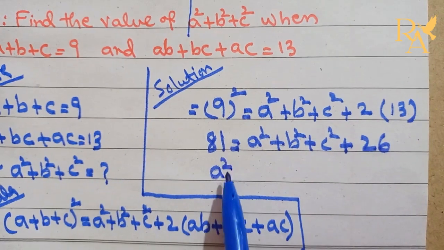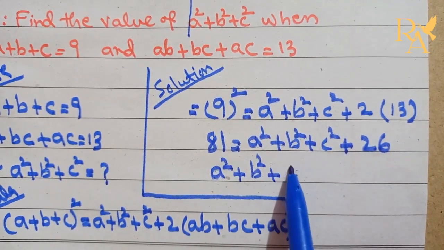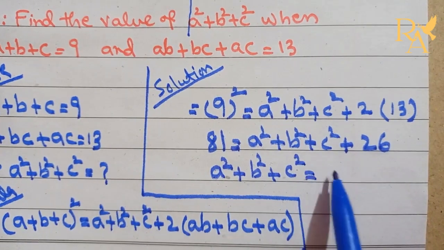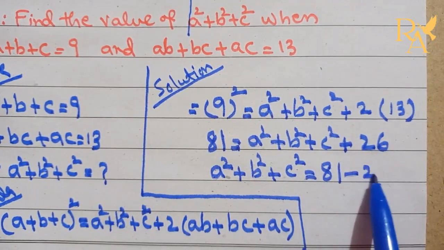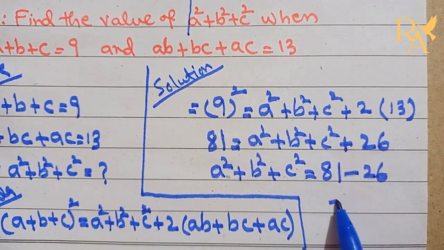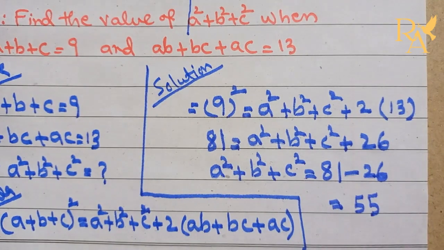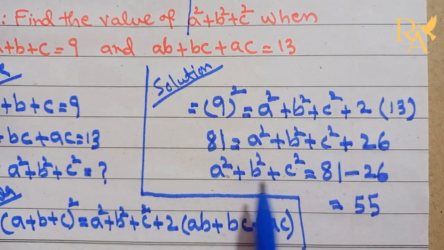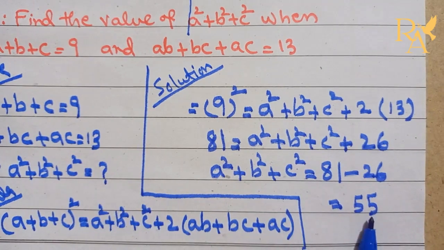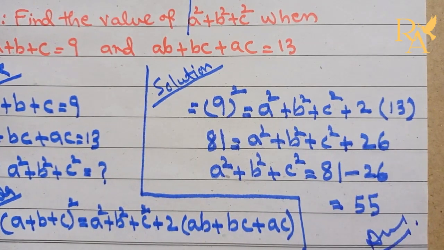So A square plus B square plus C square is equal to 81 minus 60 is equal to 21. So the value of A square plus B square plus C square is equal to 21. This is the required answer of the given data.